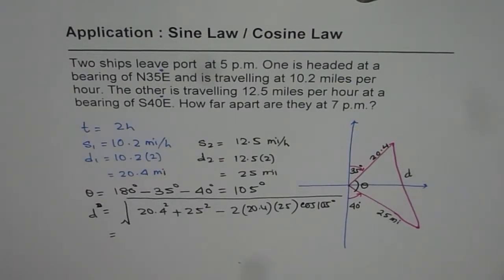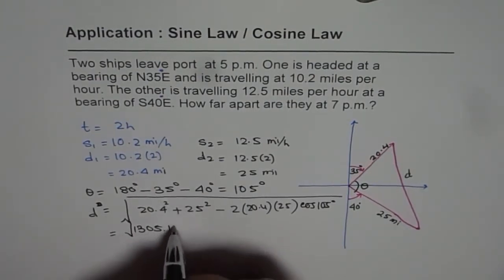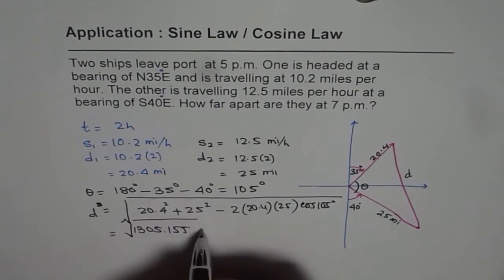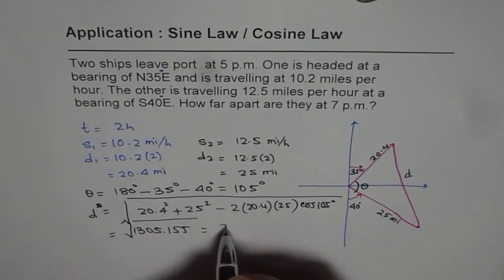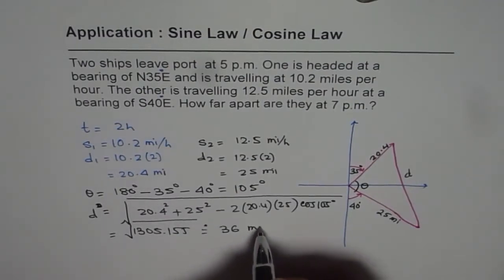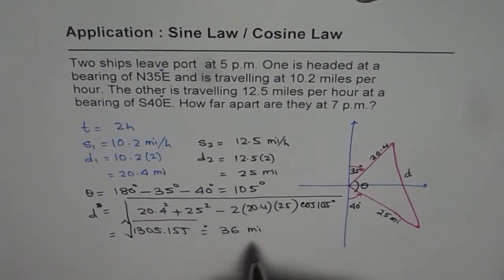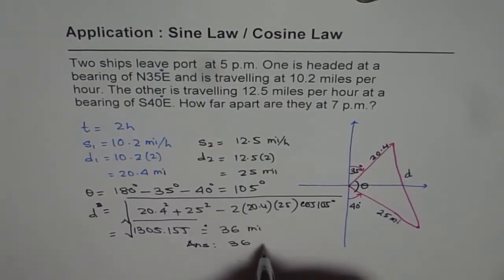That gives us the square root of 1305.155, and this is equal to 36.126. So we'll say approximately 36 miles. So the distance between them is 36 miles at 7 p.m. That is our answer. The answer is 36 miles.